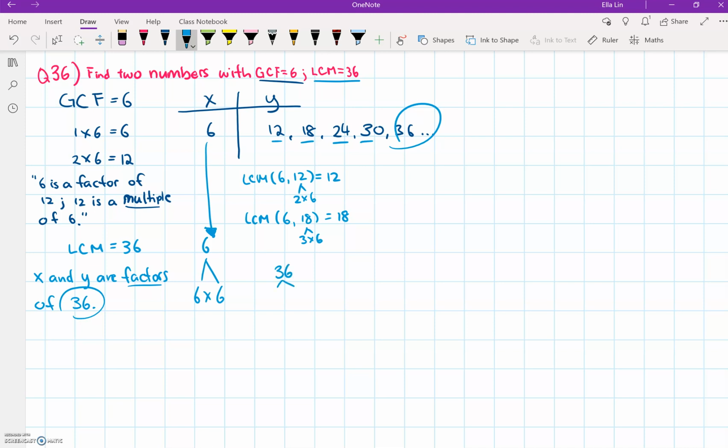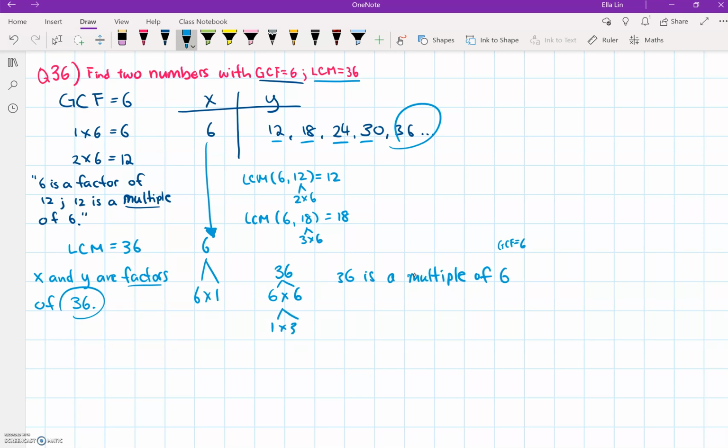Because 36 here is times 1. 36 here is 6 times 6. So 36 here is a multiple of 6, so that fulfills our first criteria where GCF had to equal 6.